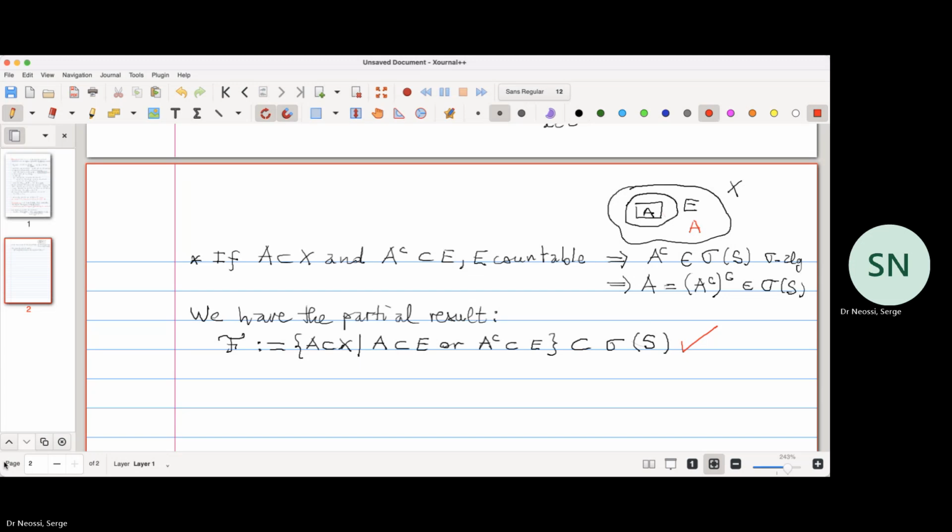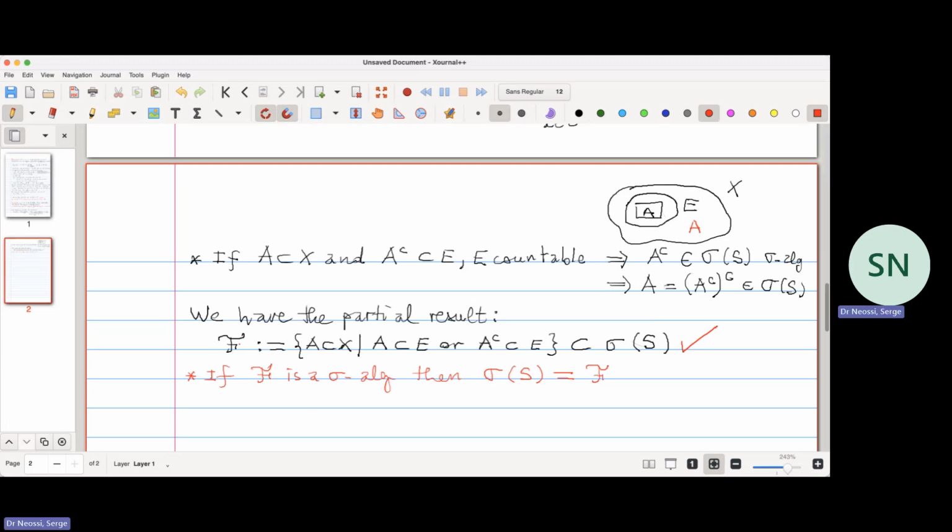Now, if we succeed to prove that this F is a sigma algebra, we'll conclude that the sigma algebra generated by S is F, right? So if F is a sigma algebra, then what we are looking for, the sigma algebra generated by S, will be equal to F. Why?